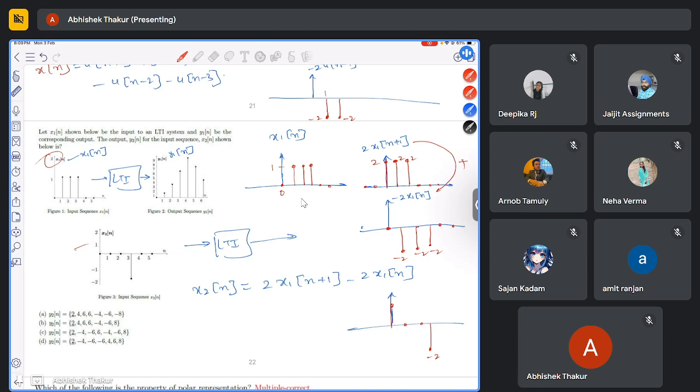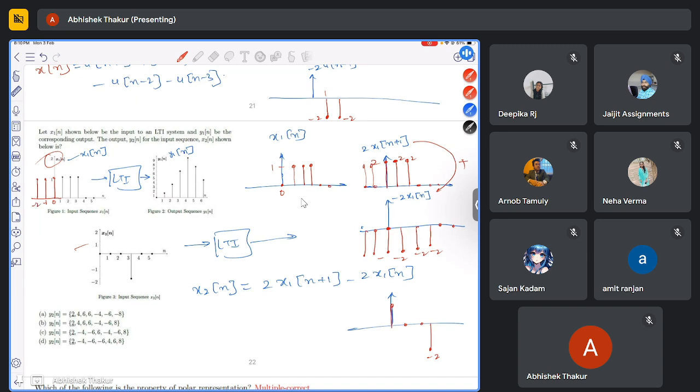I think this value should be 1 in this question, then it can be solved. If all the values are 1, then this will also be minus 2, and this all will get cancelled. So let's change the question a little. Let's make it 1 for all the negative values.